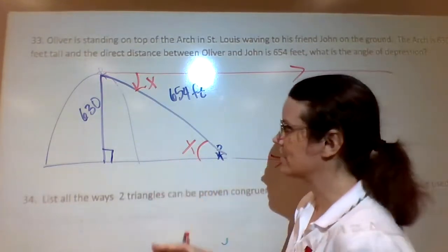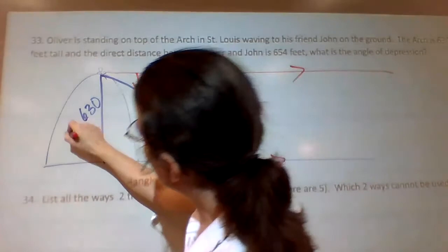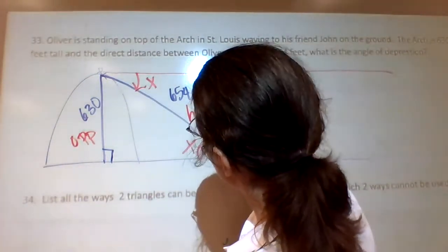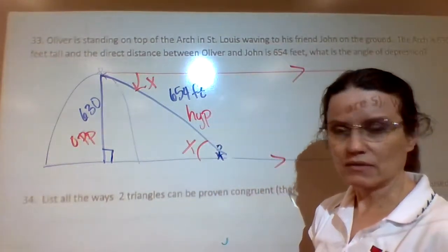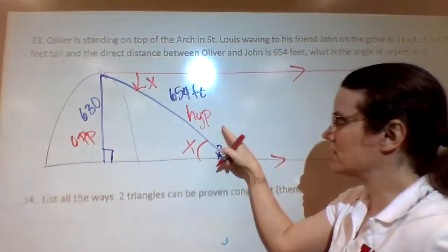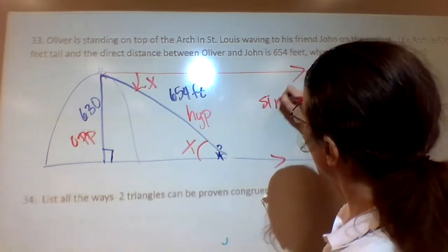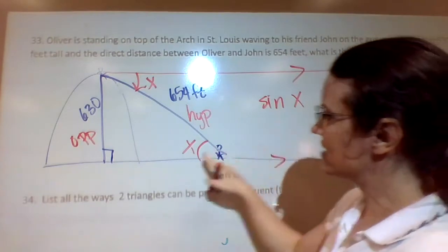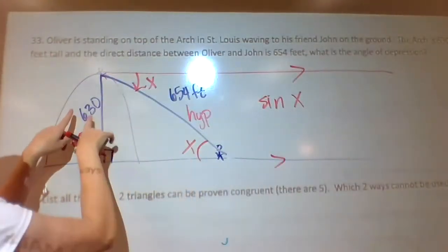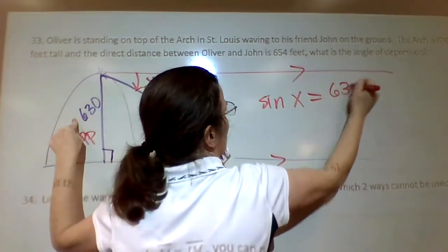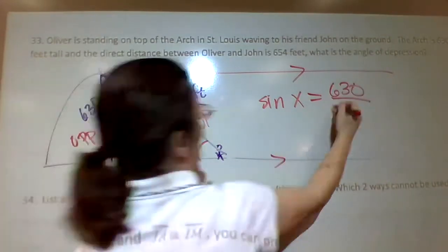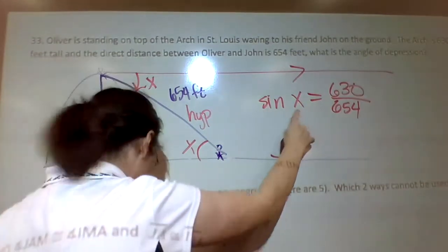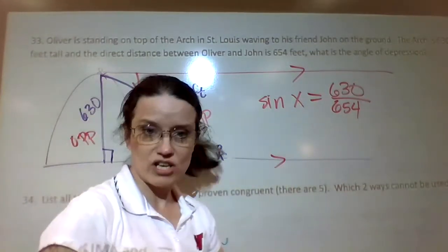Awesome. I have a triangle. This side is opposite my mystery angle x, and this side is the hypotenuse of that right triangle. So when I have opposite and hypotenuse, I know that I'm using the sine of the angle I'm focused on. And so I'm using the sine of angle x, which involves the opposite over my hypotenuse. All right? And that gives me what the sine of x is, but I don't want the sine of x. I just want x.